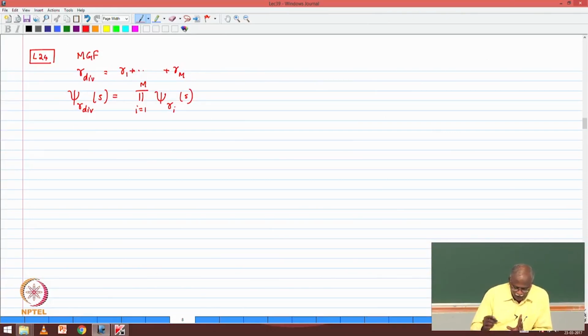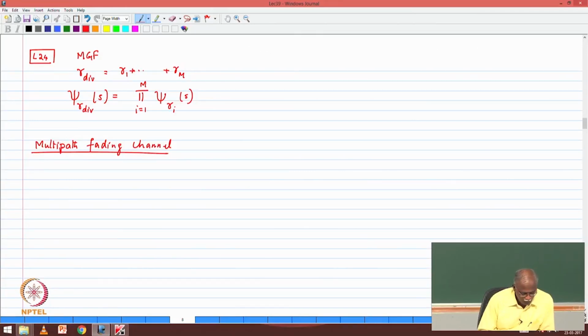After we finished this discussion, lecture 24 took us back to our understanding of the multipath fading channel. The multipath fading channel we had described earlier; I want to recapture that in the following manner.